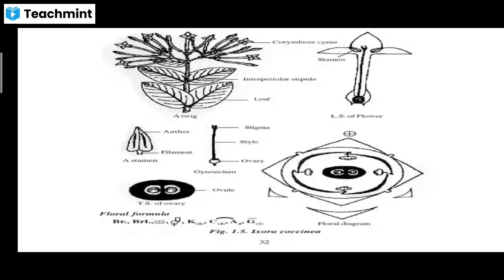And to the petals, they show the arrangement of stamens. So stamens are shown in the figure attached to the corolla. Then at the center, the bicarpellary ovary is drawn with many ovules.